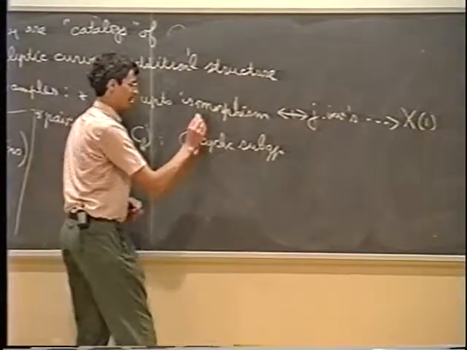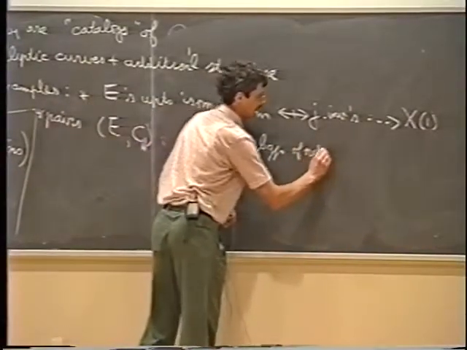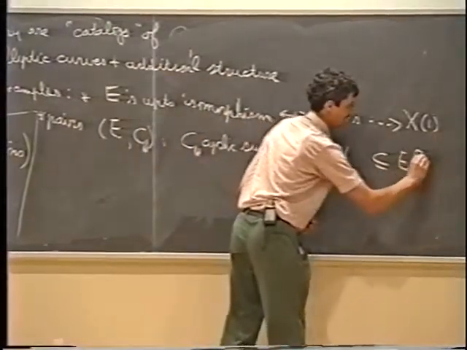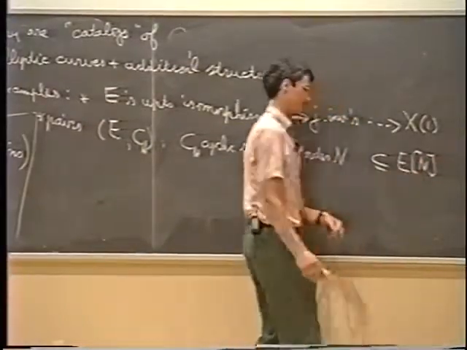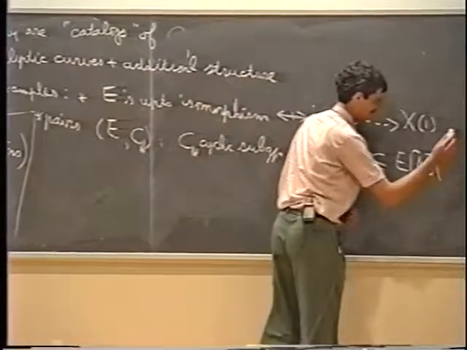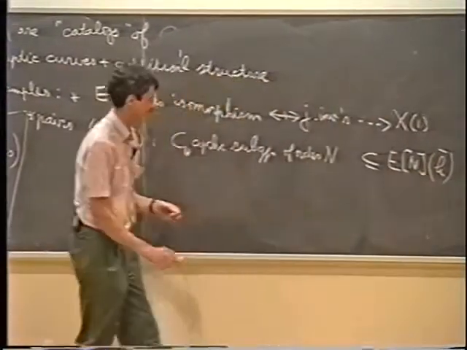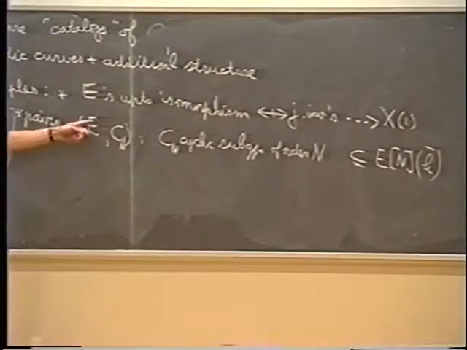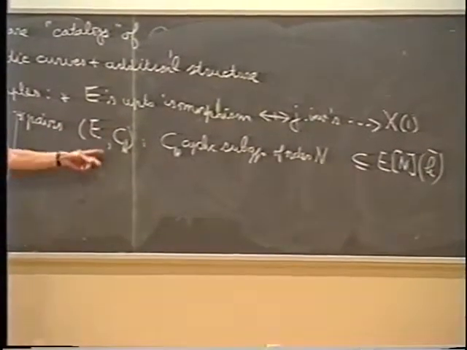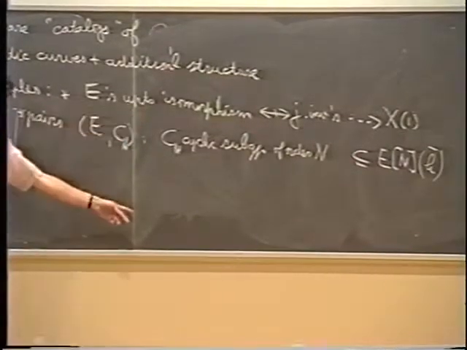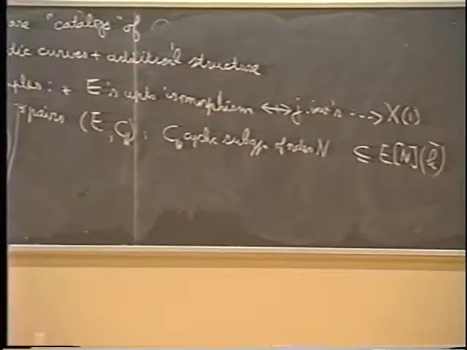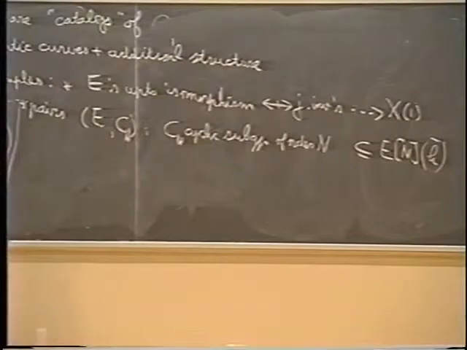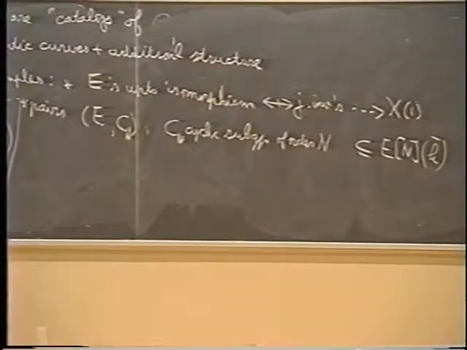So Cn is a cyclic subgroup of order n, which is inside the n torsion of E, maybe over an algebraic closure, if I want to work over some field. And I look at these things up to isomorphism. That means I look at isomorphisms of E to another E which send the one cyclic subgroup of order n to the other subgroup of order n. So I cannot look at all the isomorphisms anymore. I have this extra constraint on the isomorphism: the cyclic subgroup has to be respected.